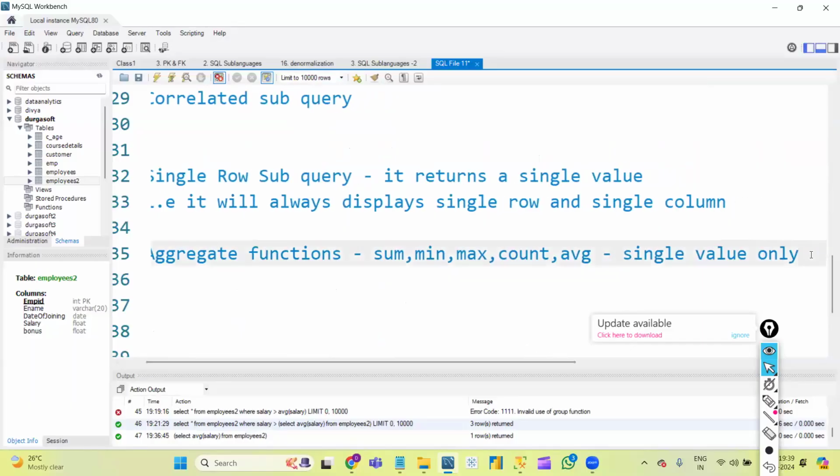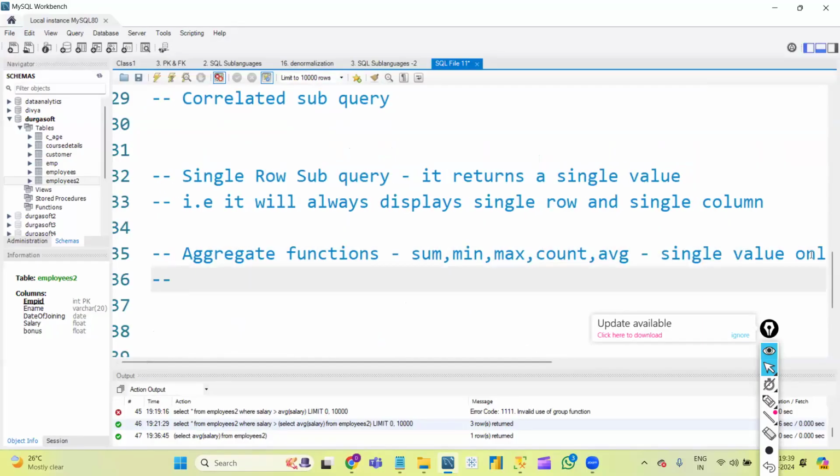Not only aggregate functions, we can also use some expressions or operators which display the output as a single value.